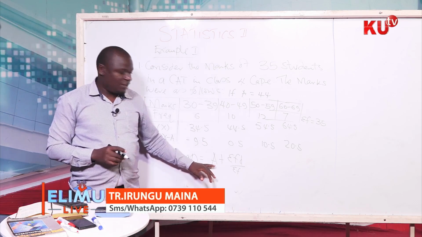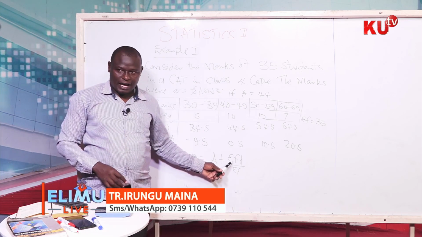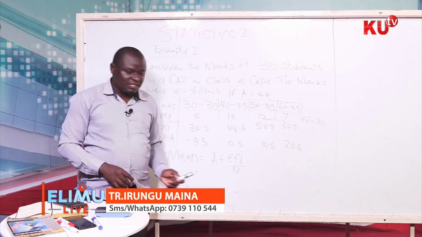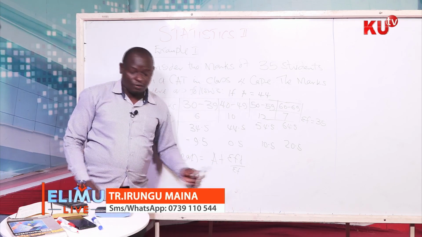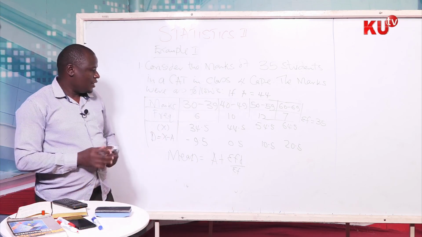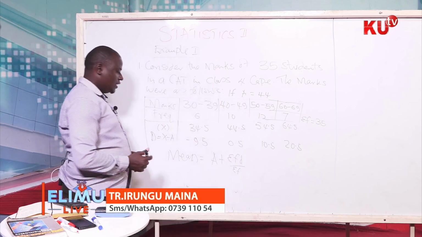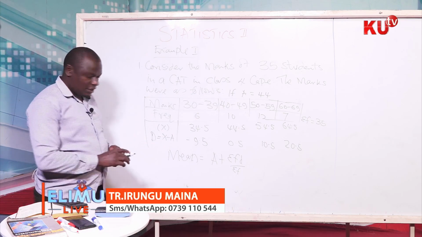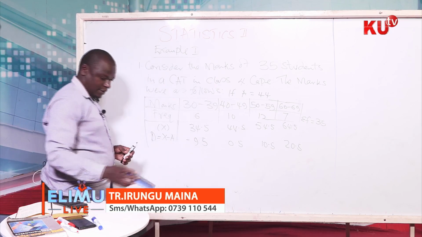Mean is given by assumed mean plus summation of frequency times deviation, FD, divided by summation of frequency. So we need now to get summation of FD. It means we need another column called FD.